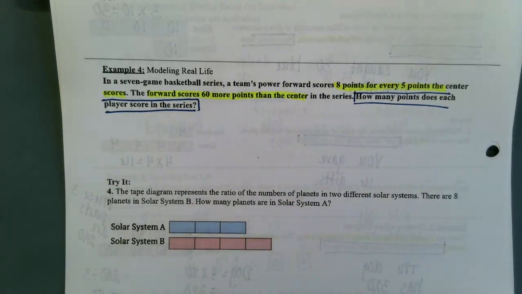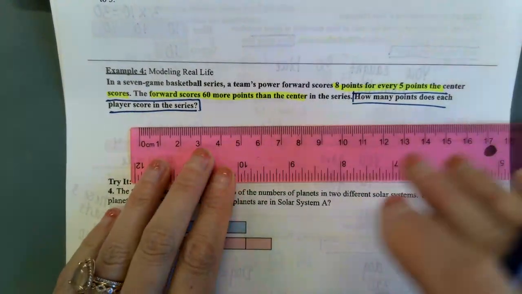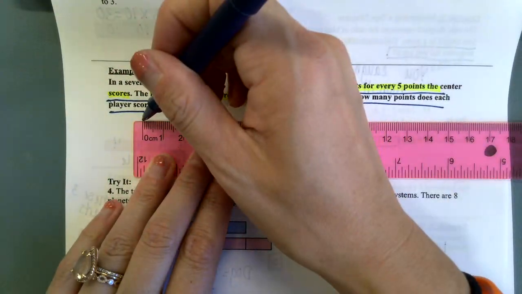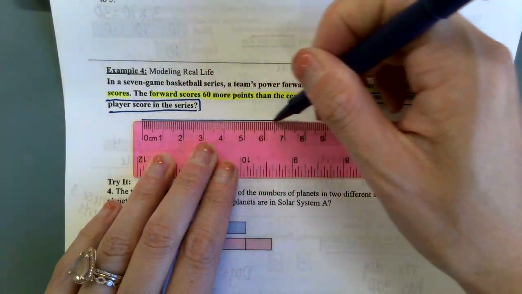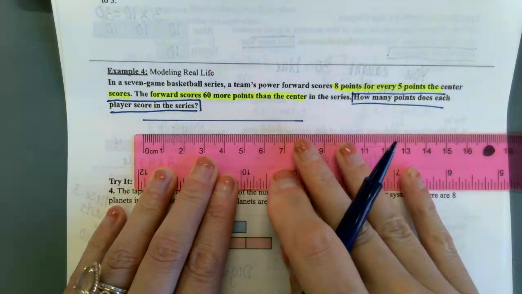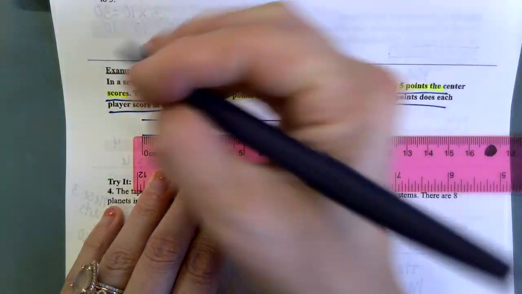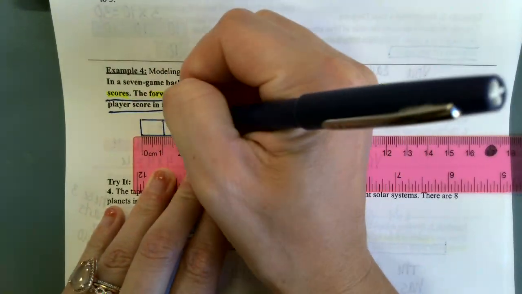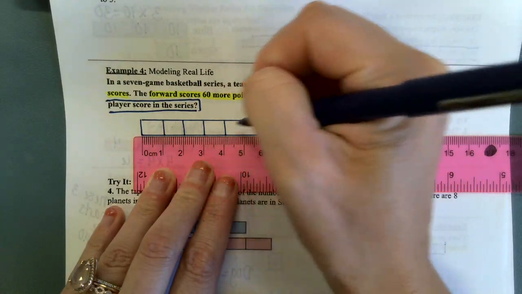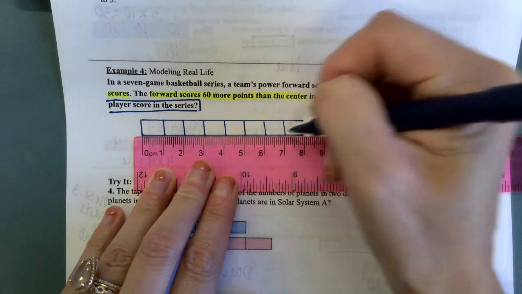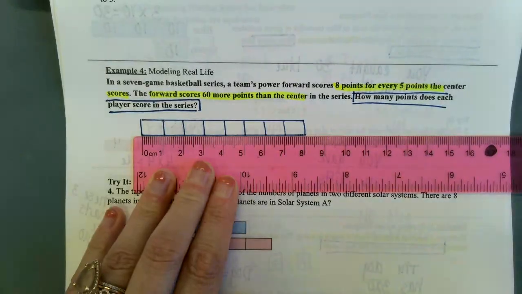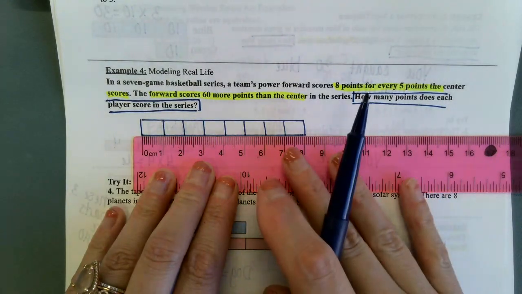Okay, so we're going to go ahead and start by drawing our tape diagram. It's 8 to 5, so we're going to use our centimeter side. And I'm going to go 0 to 8 centimeters. Bring that down. 0 to 8 centimeters, and then draw a line at every centimeter here. Okay, and then we need the 5 from our ratio.